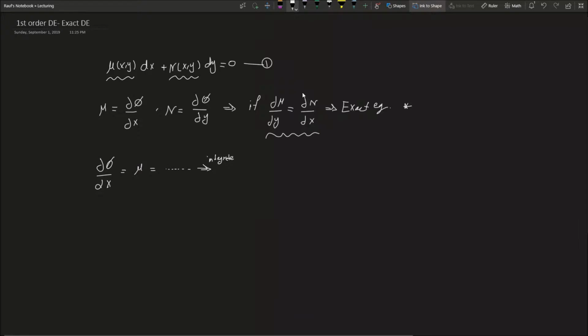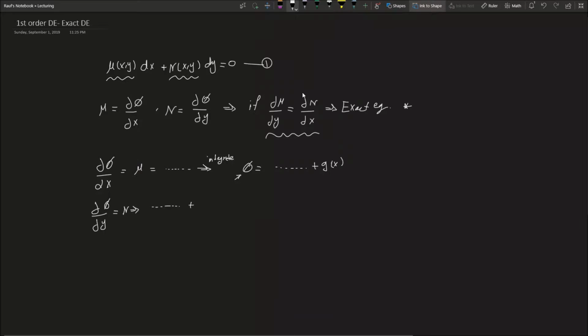That will give you phi equals the integrated term plus the integration factor g of y, and partial phi over partial y equals nu, and from that we can find the resulting term after the differentiation of phi.